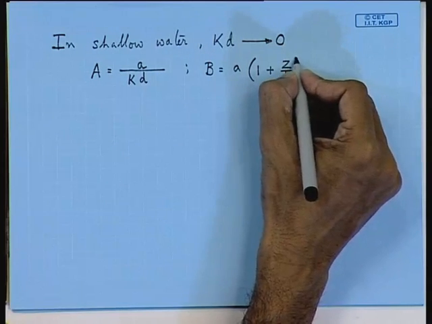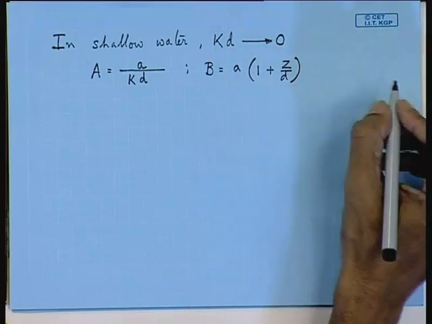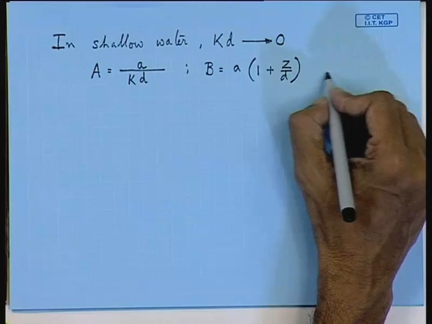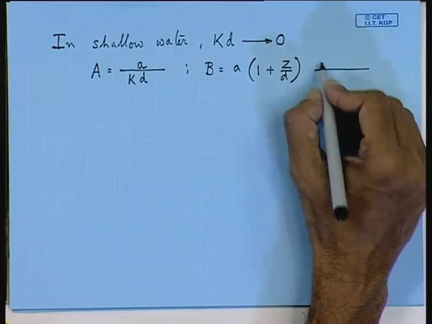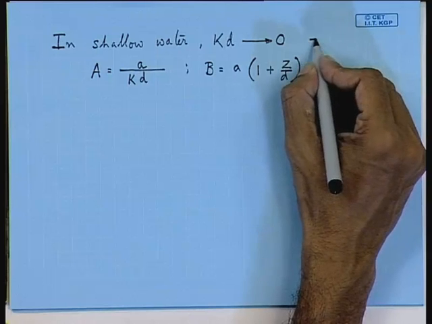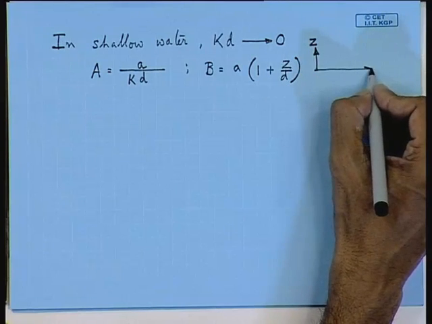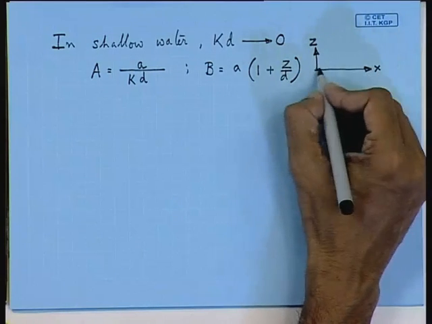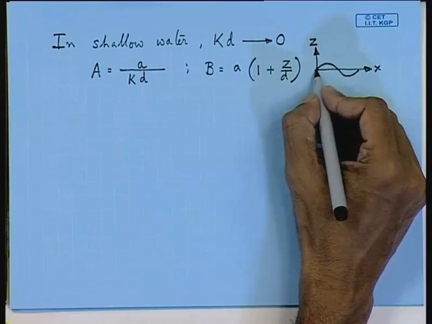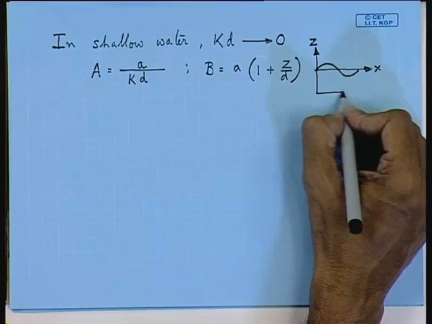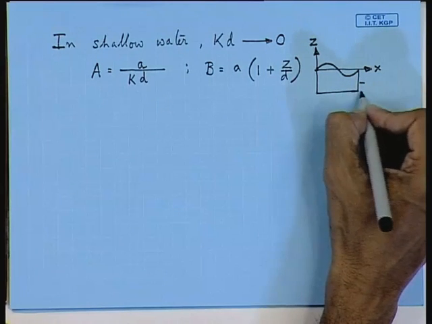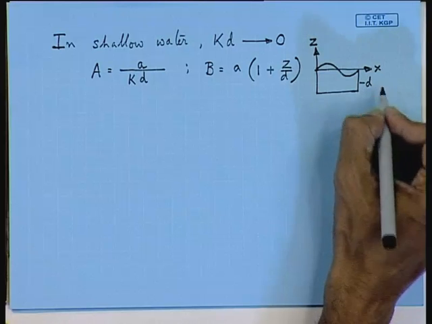Now, we are taking the value of z to be 0 at the free surface. In the diagram that we had drawn earlier, you will find z is positive upwards from the free surface and x is positive towards the right, and this is your wave profile. We are studying a linear wave, and this is the value of minus d.